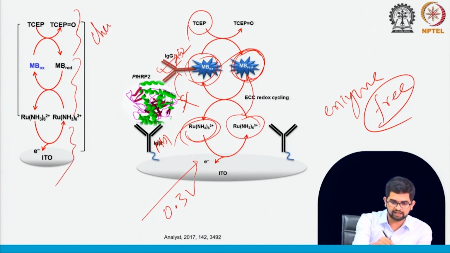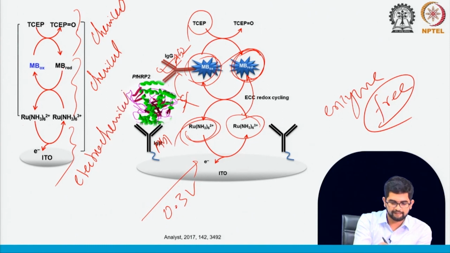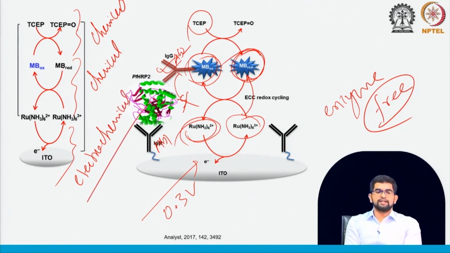This is chemical, here also chemical, and this part electrochemical, right, clear. Like this, you have to choose all the reagents also, which reagent you should use and which oxidation state reagent you should try, that you can decide by yourself.